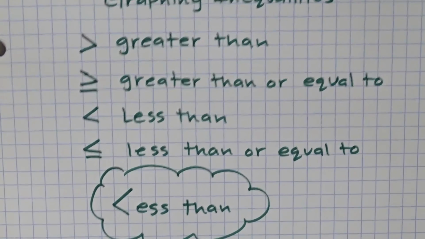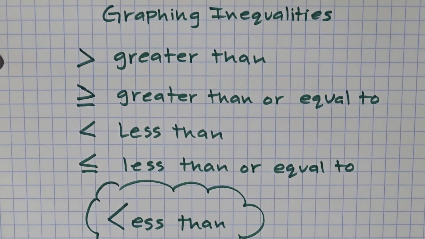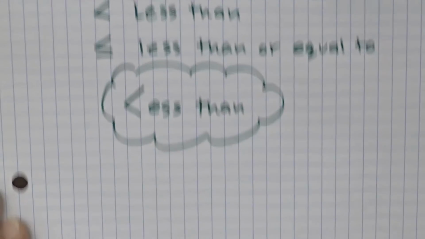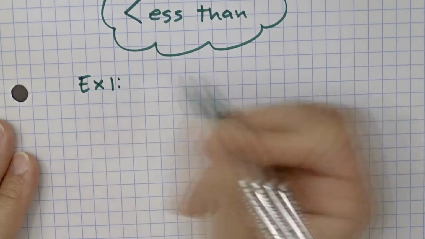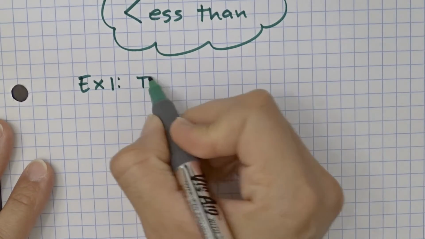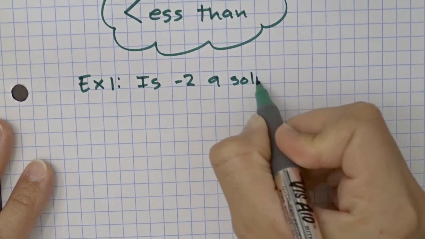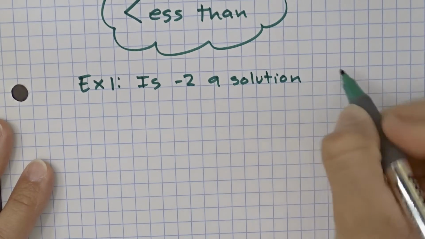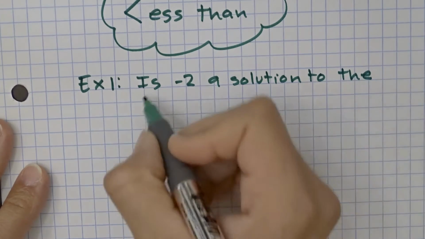When we're talking about inequalities, we are trying to determine values that make these inequalities true, right? You want to think of numbers that really are greater than something or numbers that are really smaller than something. So let's look at this example, and they're going to be asking us to check if an inequality is valid or true. So, is -2 a solution to the following inequalities?